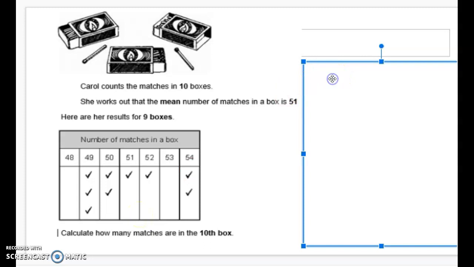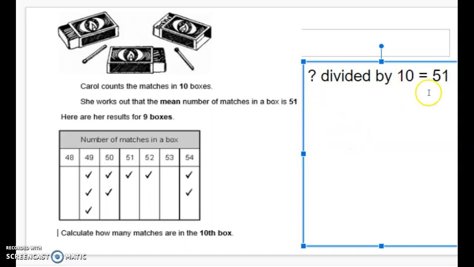Now, we know that the mean is 51, and this is exactly like some of the work that we've been doing at the beginning of each lesson, where we know the mean, but we don't know the total number. So we know that something divided by 10 is going to equal 51.